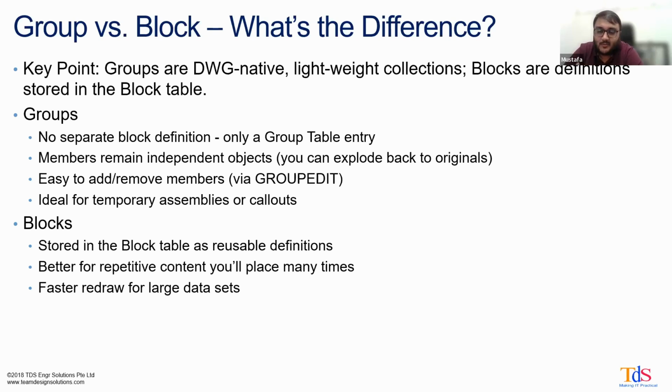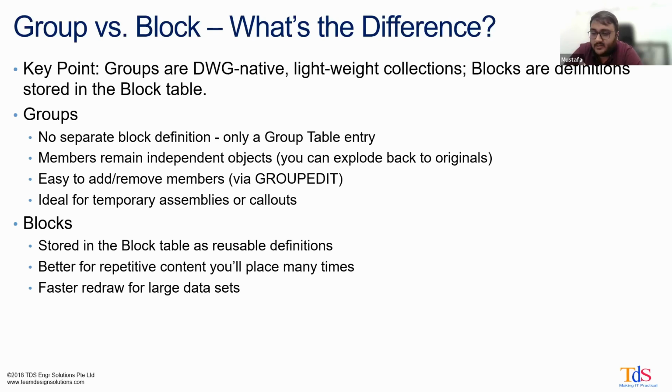With groups, once you create a group, or once you ungroup certain elements, you can always select the objects that were a part of that group. So that's a good thing where you don't need to worry about that. It's very easy to add or remove members within a group. You don't have to go to a separate block definition to add or remove things, which you would in the case of a block.